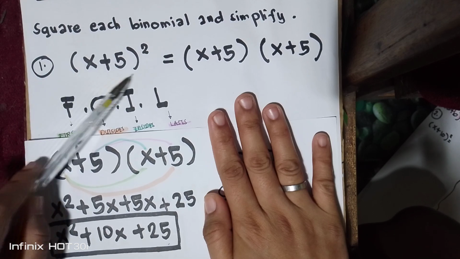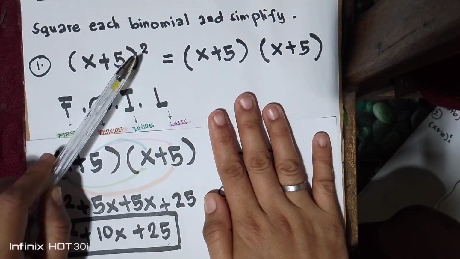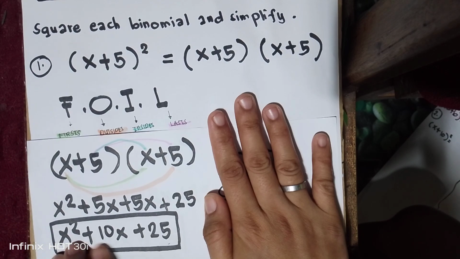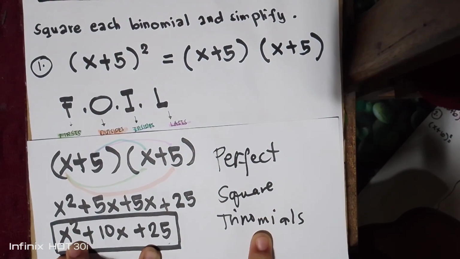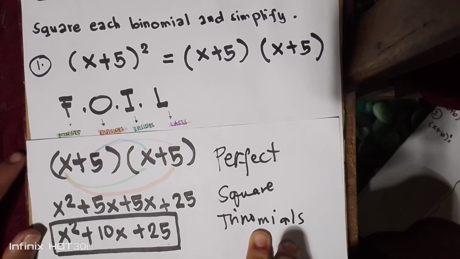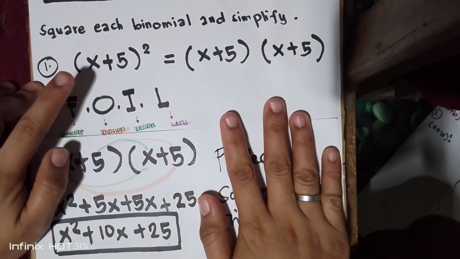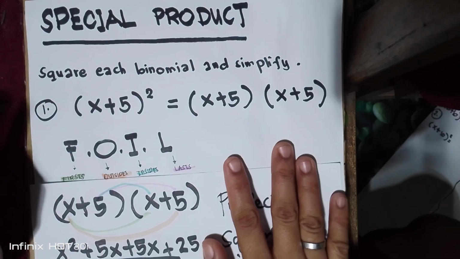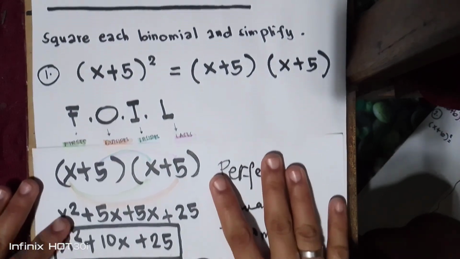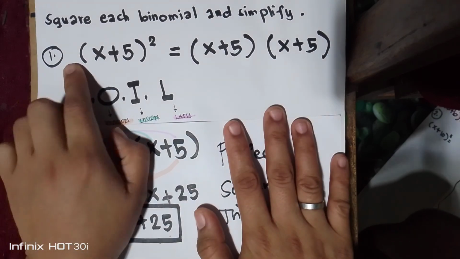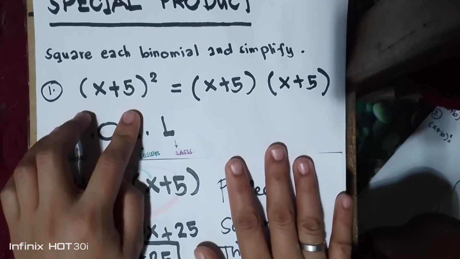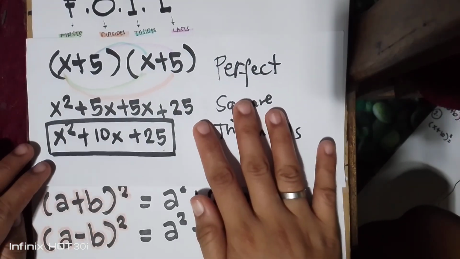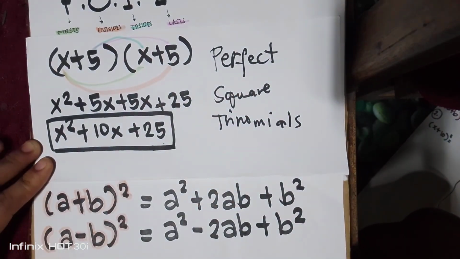So in squaring a binomial, the result is a perfect square trinomial. This belongs to the special product. In order to make it faster or easier to answer this kind of special product, we are given patterns to follow.